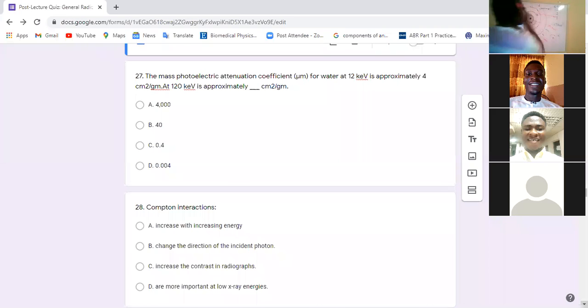But before then, I need to get the values. 12 keV is 4, Option B. Then for 120, Option B. Okay, let's go. Let's stop the share and face our board.